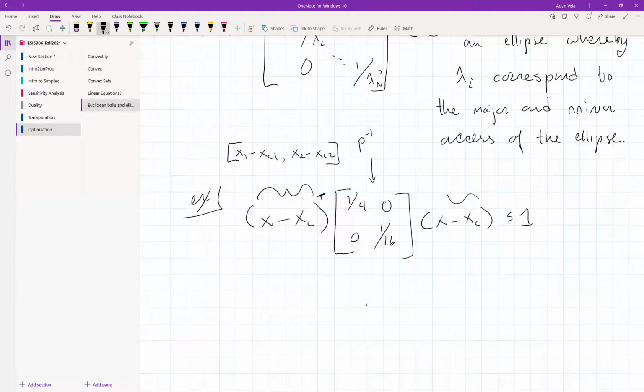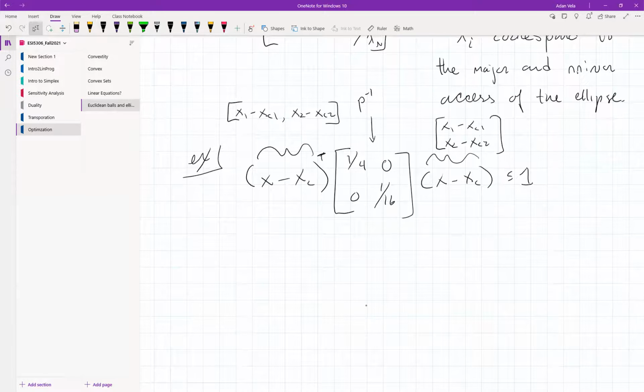And likewise, this one right here is going to be a column vector where we have x1 minus xc1 and x2 minus xc2. So let's go ahead and do this multiplication really quickly. If we multiply the vector times the matrix, row times column, we end up with a row vector.